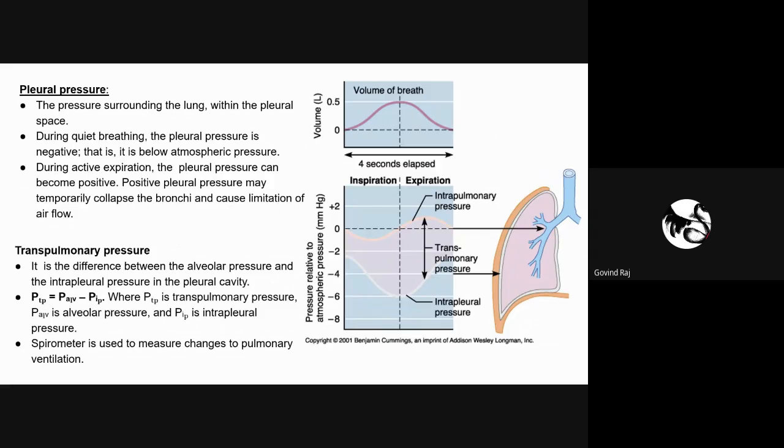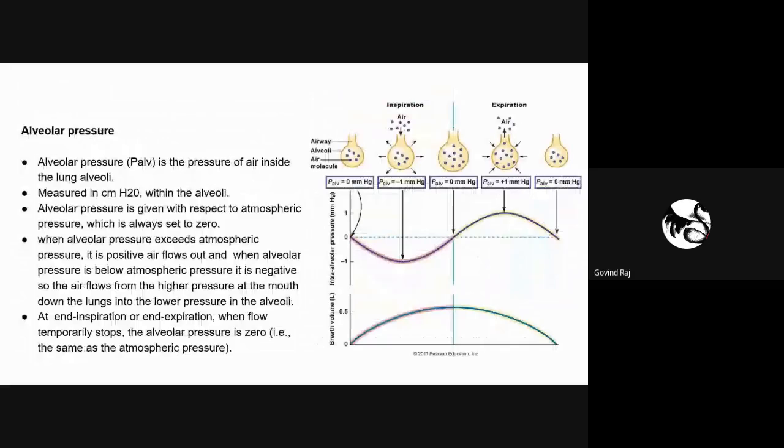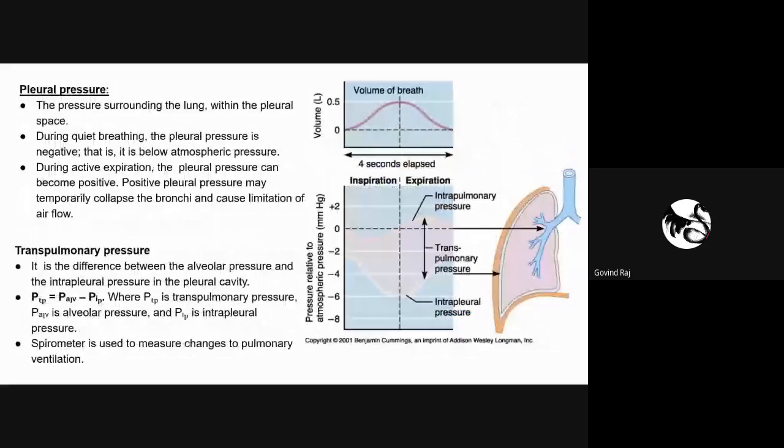When I explained about the pleura, I told that in the pleural cavity there is pleural fluid. This pleural fluid is always in movement, and this fluid is extracted out into the lymphatics continuously. So this creates a kind of suction, by which there is a pressure developed. This sucking pressure is known as pleural pressure.